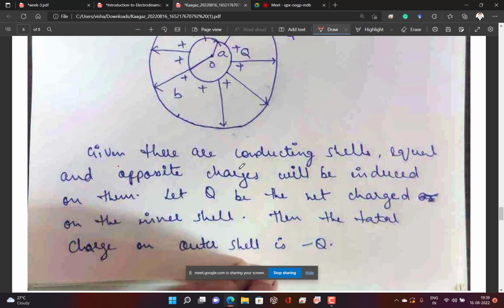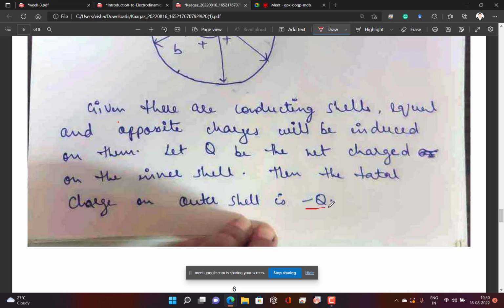If there is a charge on the inner shell, then the opposite charge will be induced on the outer shell. So let q be the net charge on the inner shell, then the total charge on the outer shell will be minus q, right?